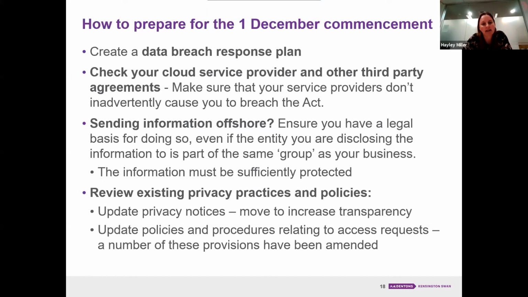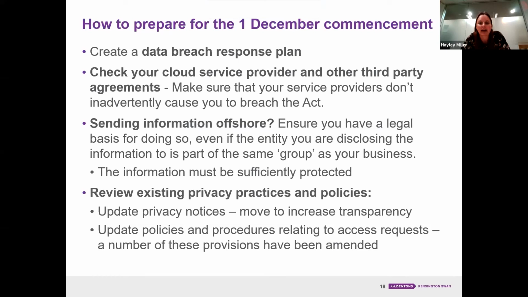I would take now as a great time to review your existing privacy practices and policies more broadly. So updating your privacy notices, there's an absolute move to increase transparency. Although the list of what has to be disclosed hasn't materially changed, there's a move to a user experience, ensuring that it's easy to read, that it is clear about what people actually are doing with their data, and it hasn't been updated for some time.